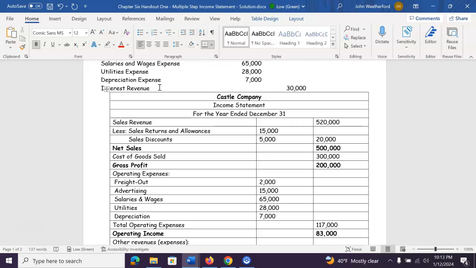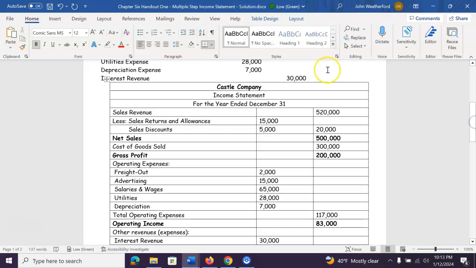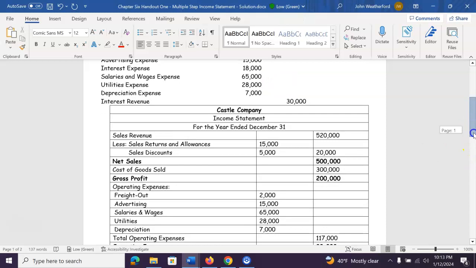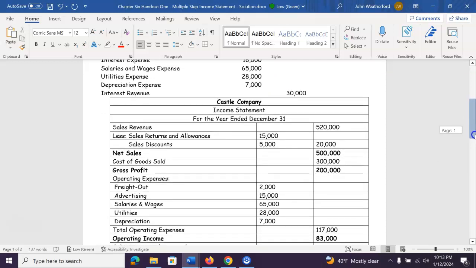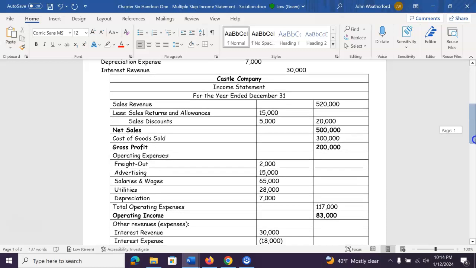They're not in the business of loaning money, so interest revenue for them would not be their principal activity, so it would be shown separately here at the bottom. And then interest expense, which was $18,000, will also group here. I think that's just to draw attention to it so it's not lumped in with other expenses.